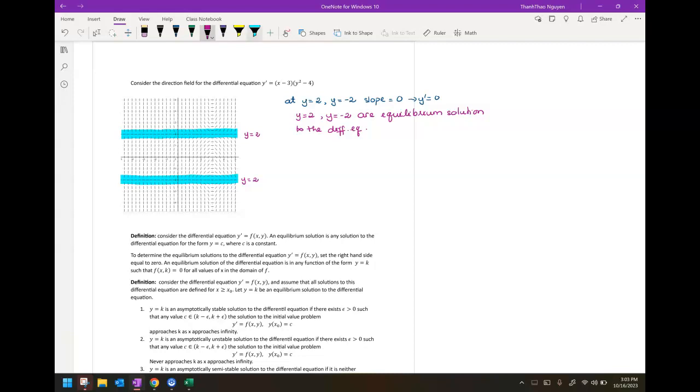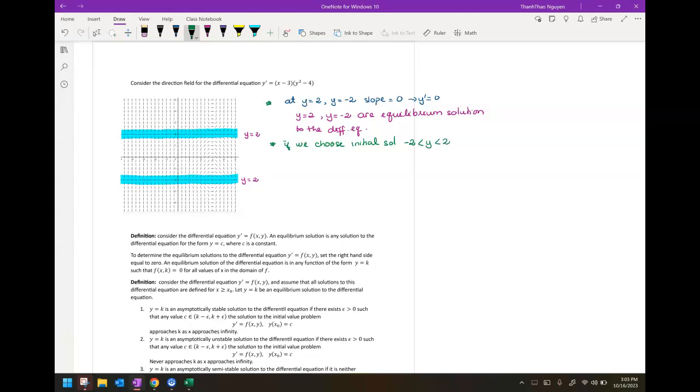Now let's take a look at the next thing. Say we choose the initial solution in between the interval of -2 to 2 in the y direction.